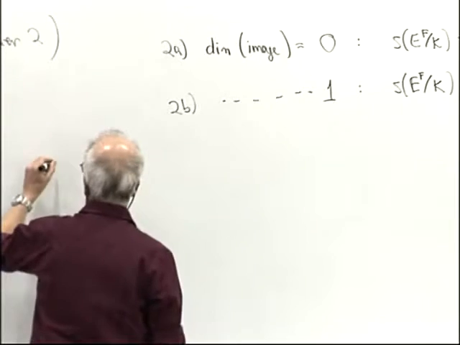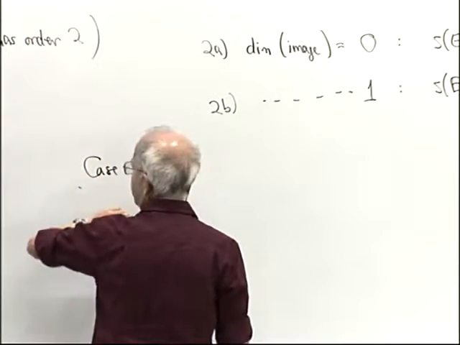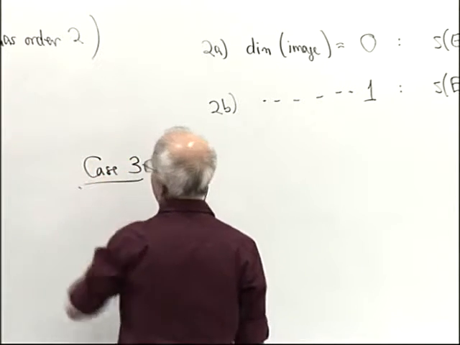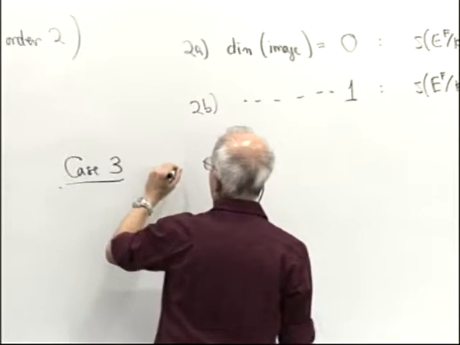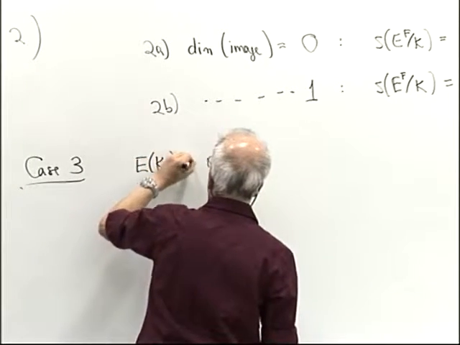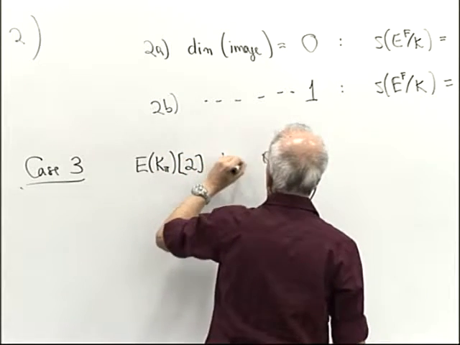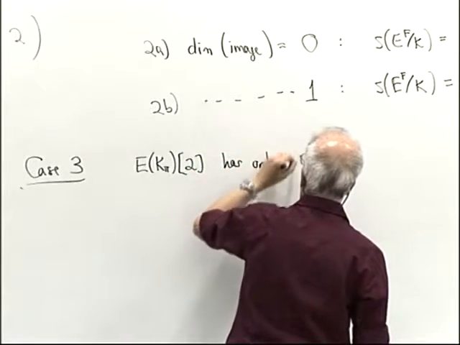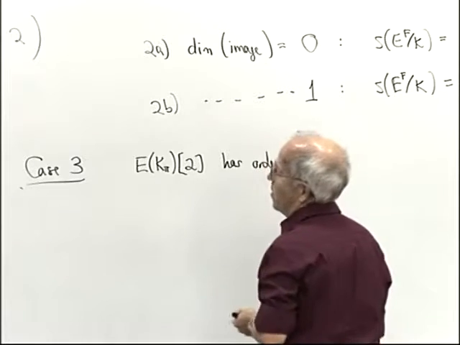Okay. So more interesting maybe, because we don't really understand it so well, is case 3, when E(K_pi)[2] torsion has order 4. And that's the remaining case. Order 4 means dimension 2.